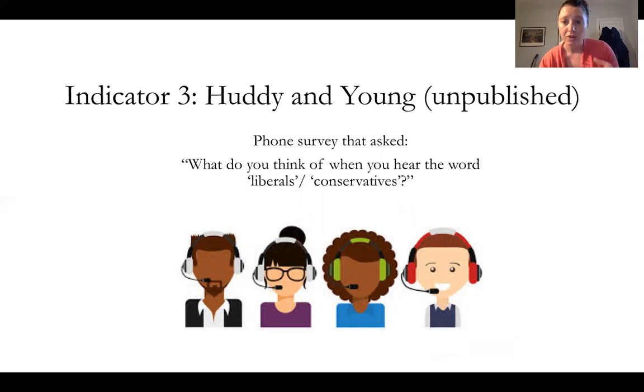But what they do is they go through everyone's responses and try to pull out some of the key themes in the responses and categorize those themes to figure out how people are conceptualizing these words.